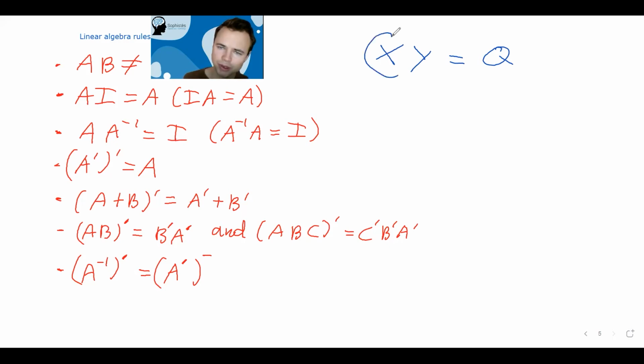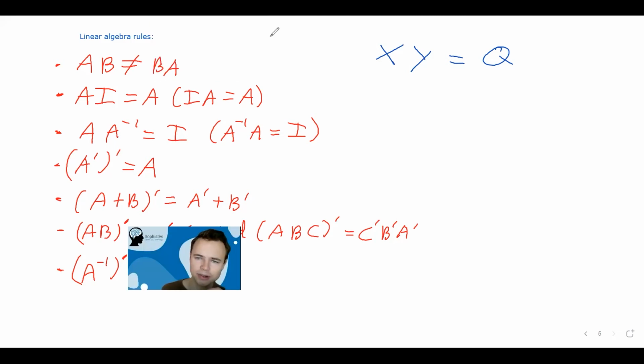So remember, we want to know x is something. That's what we want to know. Solve it for x. So what you can do is you can first get rid of this y. But you have to really be careful here. What would be wrong is if you say q divided by y. That would be wrong because you cannot divide matrices by each other. That doesn't exist. So that's not the answer.